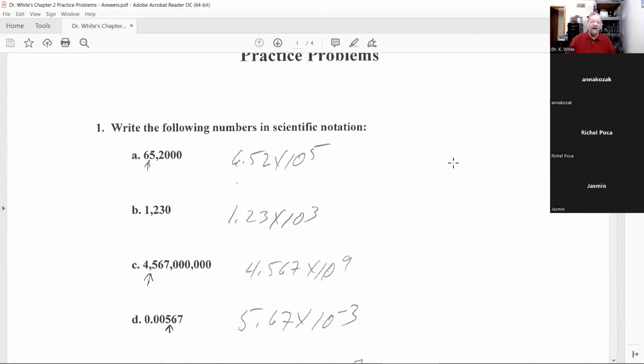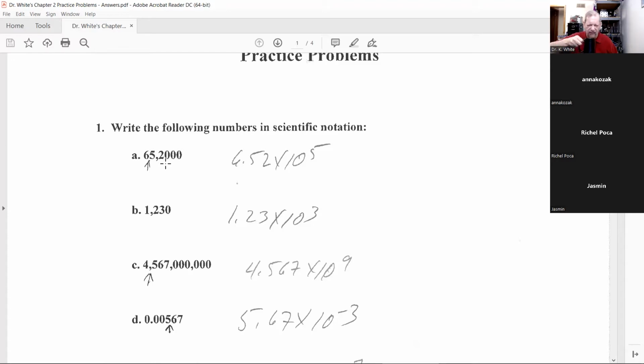Now, the first one is a skill you should have: write the following numbers in scientific notation. How do you do that? If there is a decimal point, you move it, and if there's not, you pretend there's one. You move it to the right of the first non-zero number. Again, move it to the right of the first non-zero number.